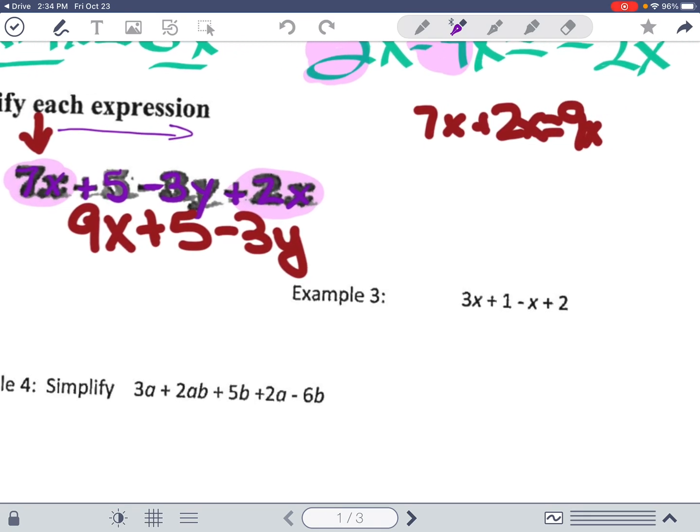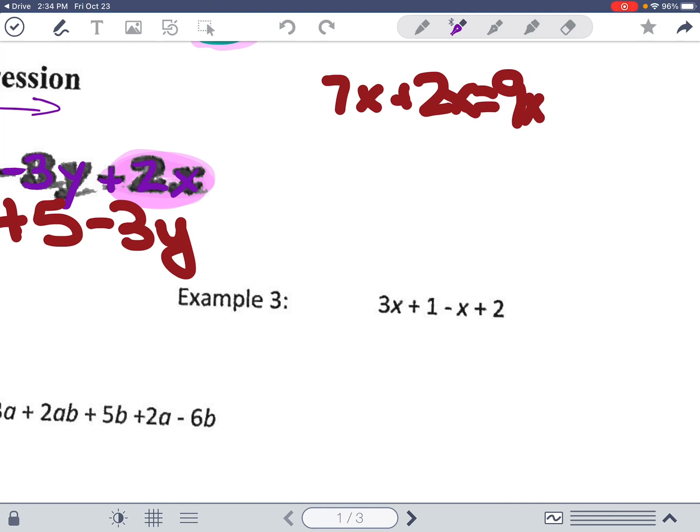Example number 3. I start on the far left-hand side. I look at my first term. I read it. It says 3x. And then I go across to the right and I look for any other x terms. So I'm headed this way with my eyes. And I see that I have a plus 1. Well, that doesn't have an x.